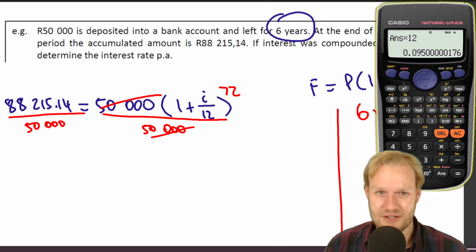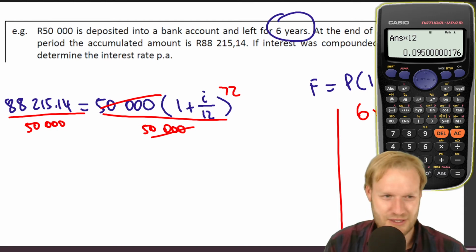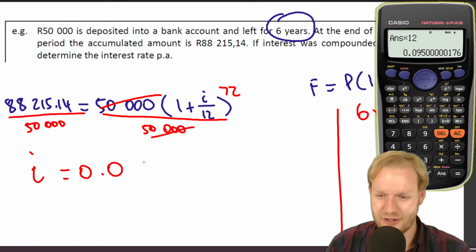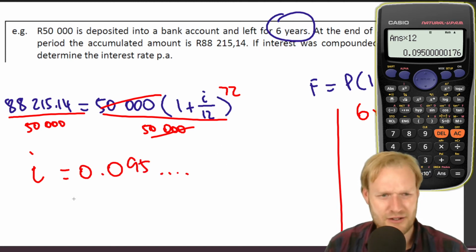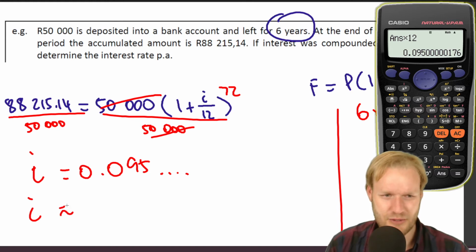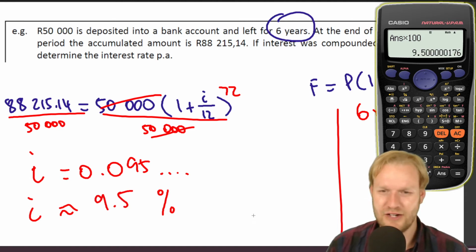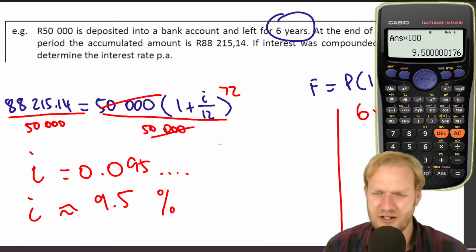And that gives us i, which seems like a really, really small value, right? So we're like, wait, i equals 0.095, blah, blah, blah. But wait a second. That's because we're normally used to seeing i as a percentage, which means we need to take that and multiply it by 100 to get 9.5%. I don't know how many decimal places.